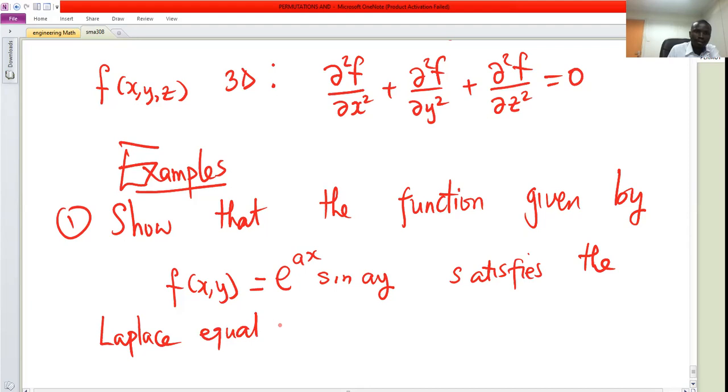So trivially, this is the case of Laplace equation in 2 dimensions because the function is only depending on x and y.